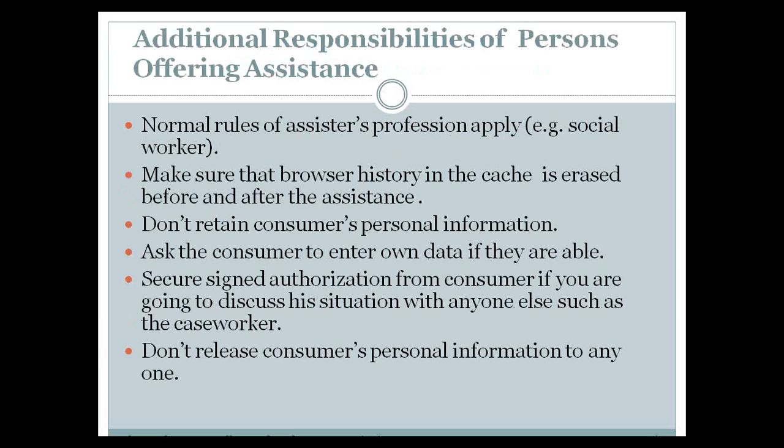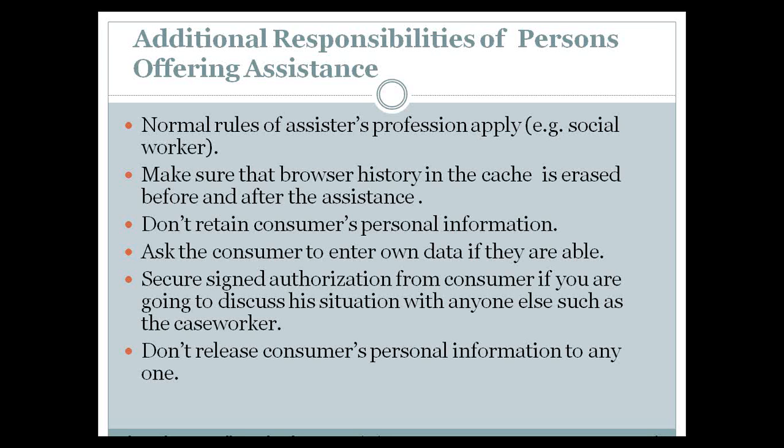Kathleen? Yes, as Zach mentioned earlier, there have not been any rules established for what somebody helping someone else apply for Medicaid has to do. So we just want to point out a few things that we think are very important to remember. First of all, the normal rules of anyone doing this assistance for their profession apply.